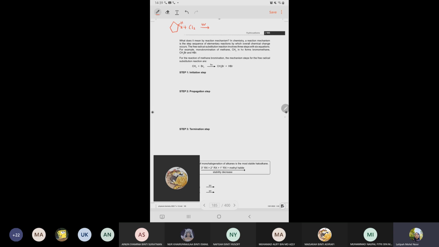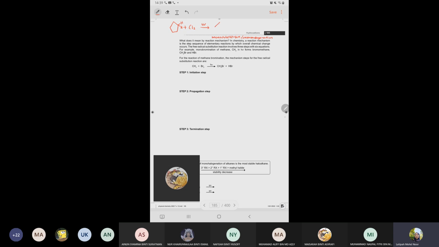For mono substitution, the word is monohalogenation. Mono maksudnya satu, halogenation. Only one hydrogen will be substituted by the Cl.